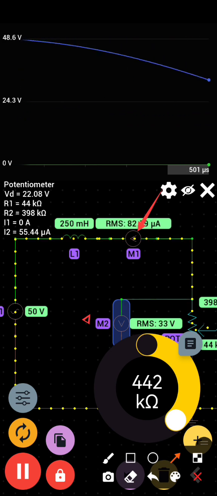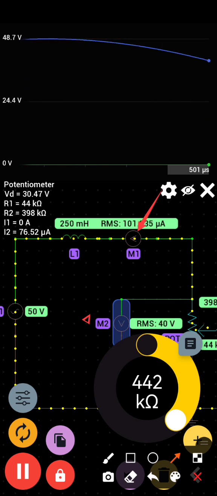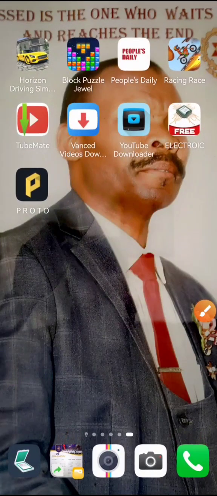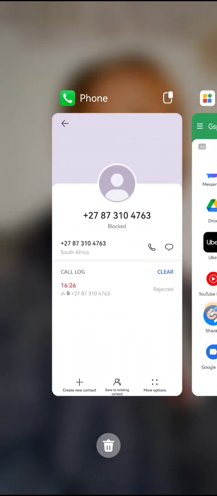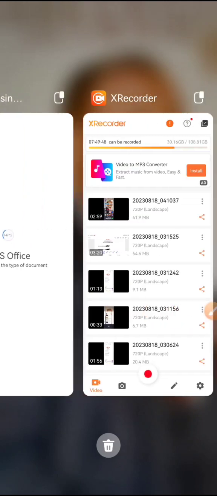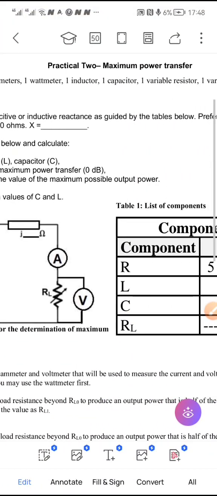I just wanted to illustrate to you that you do have an increase and decrease in power based on the value of your resistance. Okay, now we can go to the question paper again. Where's our question paper? There we go, to look at other things.